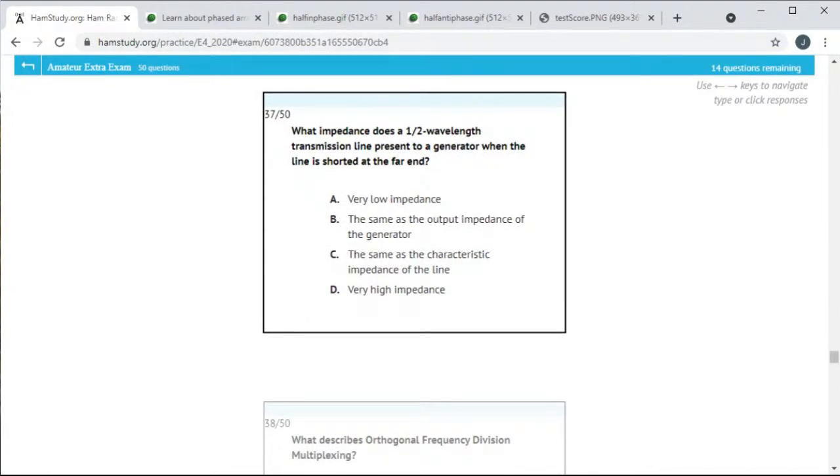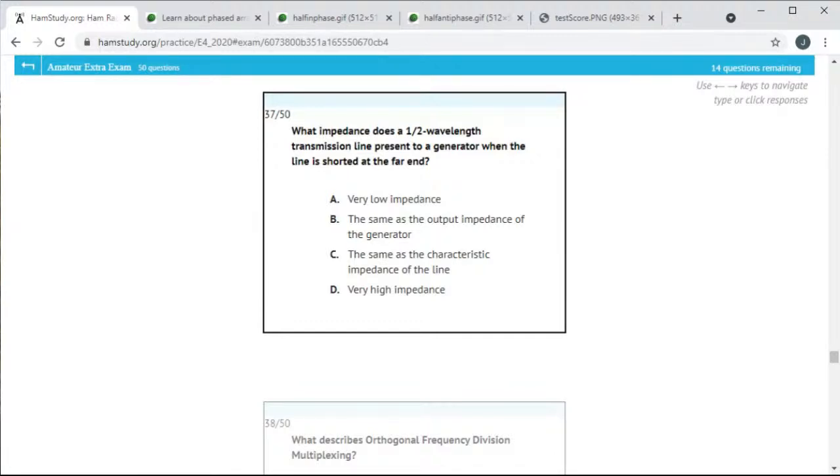What impedance does a half-wavelength transmission line present to a generator when the line is shorted at the far end? A, very low impedance. B, same as the output impedance of the generator.